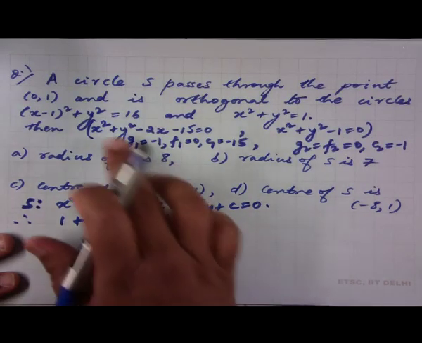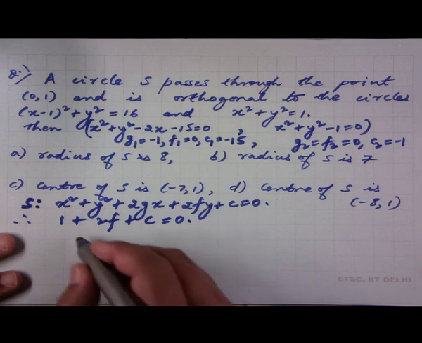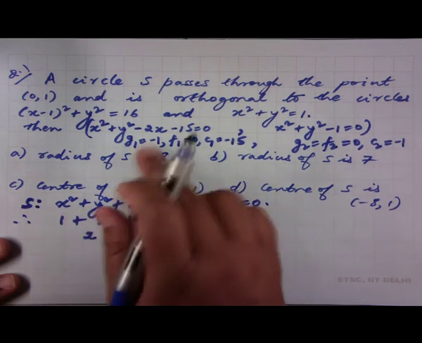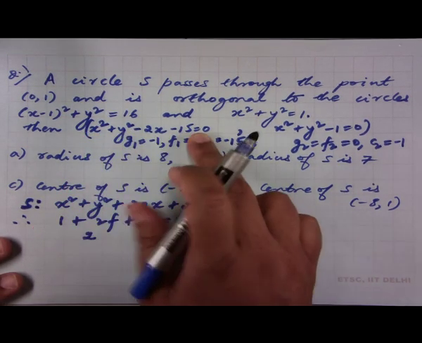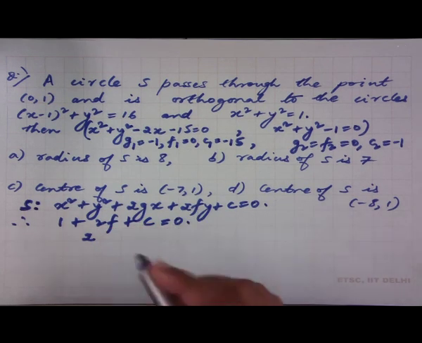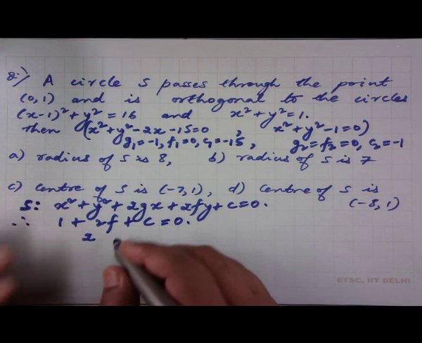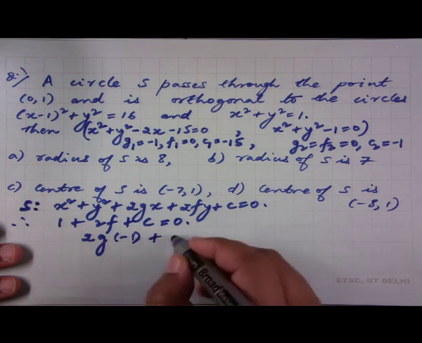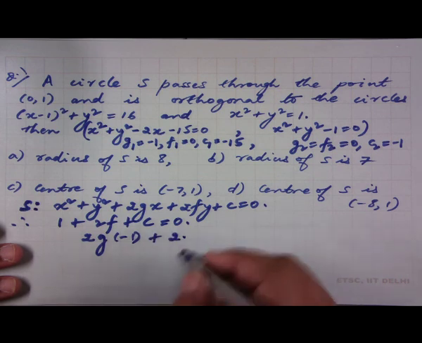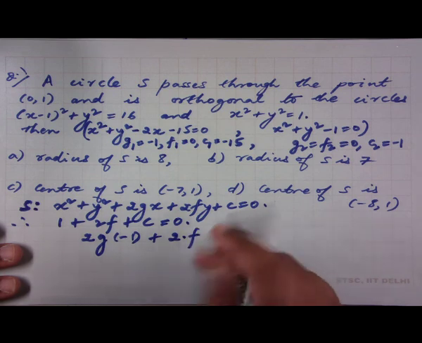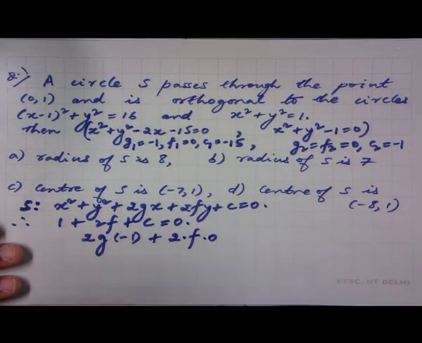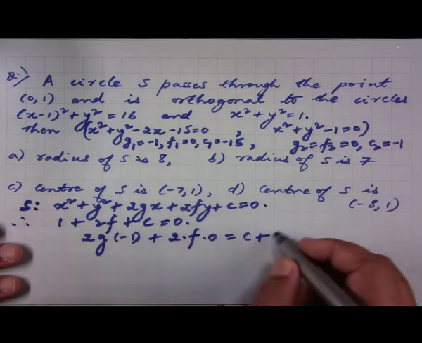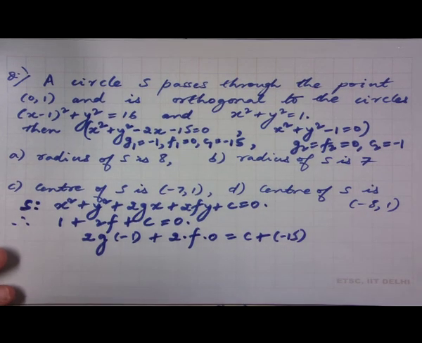Since this circle S is orthogonal to the first circle, it must satisfy the equation of orthogonality, which is 2 times G times G1, which is minus 1, plus 2 times F times F1, which is 0, must be equal to C plus C1, which is minus 15.